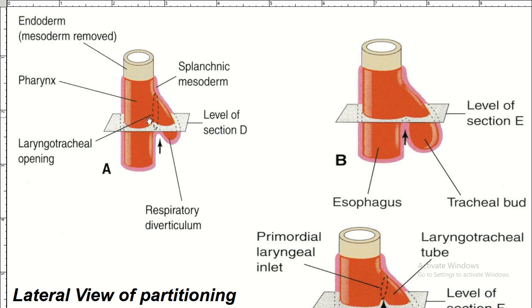The transcription of that factor is the one that is going to initiate the budding of the respiratory diverticulum during the fourth week, right? So this is going to be your foregut, and this is going to be your respiratory diverticulum. We have a communication with the foregut that will be open. That is what you call a laryngotracheal opening, right?